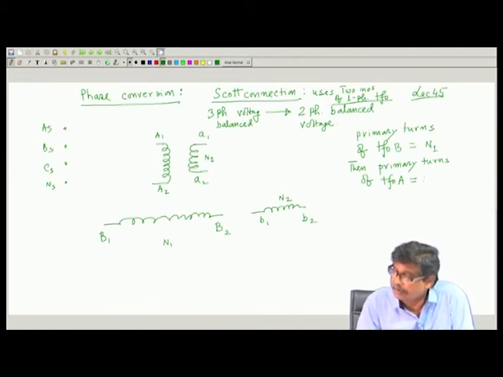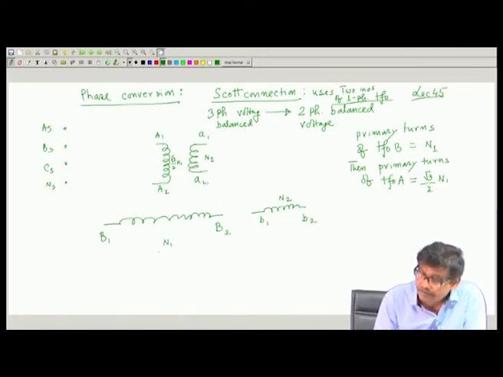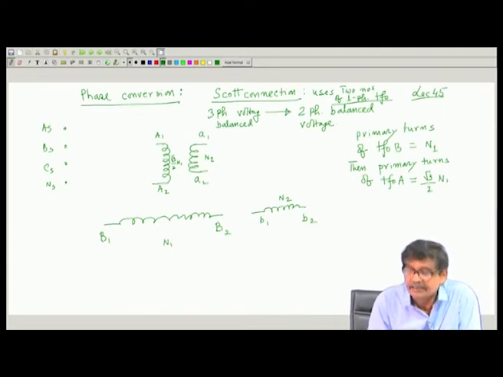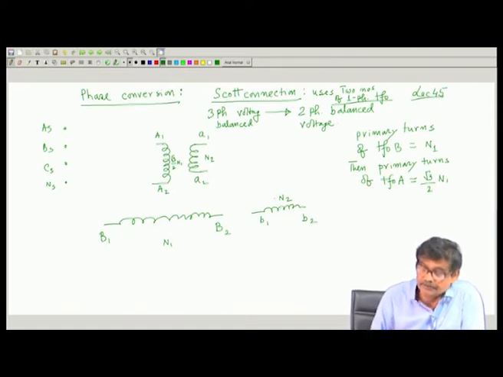So, the primary turns of this is root 3 by 2 N 1, its secondary turns N 2, primary turns of this transformer B is N 1, and its secondary turns is N 2. That is how you have to select the turns of these 2 transformers.